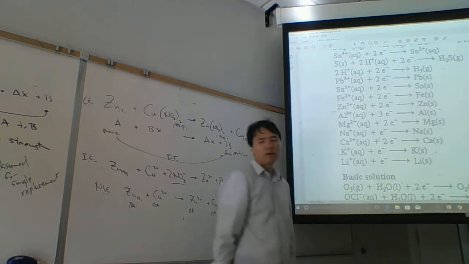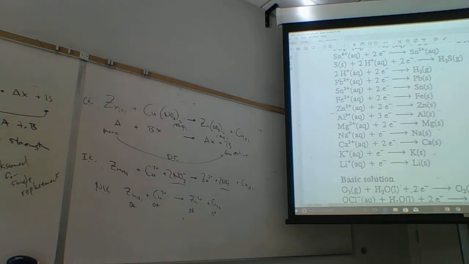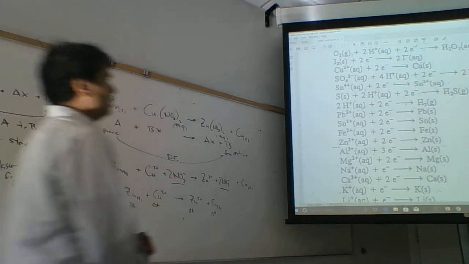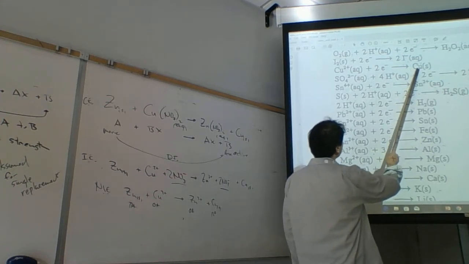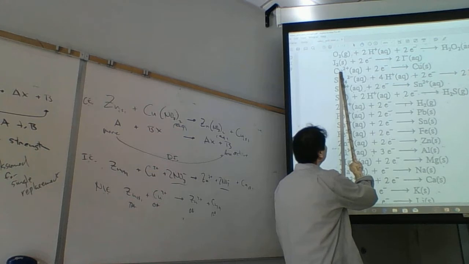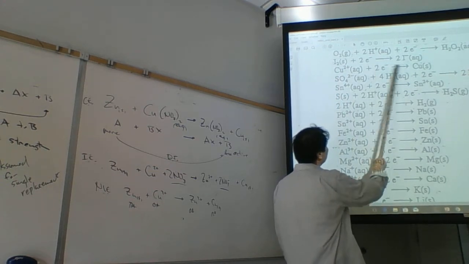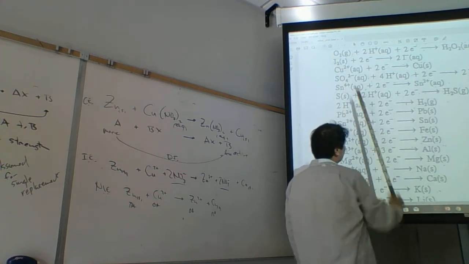However, acid's not powerful enough to oxidize copper. For copper, we need an oxidizer that's stronger than copper 2. Is acid stronger than copper 2? No. So in order to oxidize copper metal, we need something up here to oxidize it.